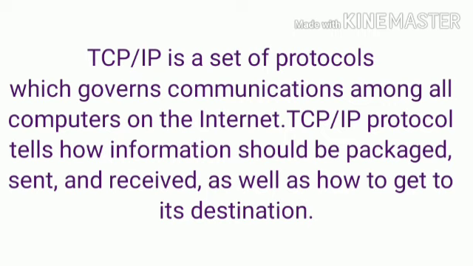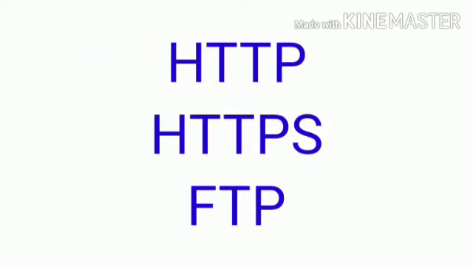IP protocol specifies the packets, where they have to go and how to get there. It checks the packets for errors and submits the request for retransmission. The frequent TCP/IP protocols are HTTP, HTTPS, FTP.